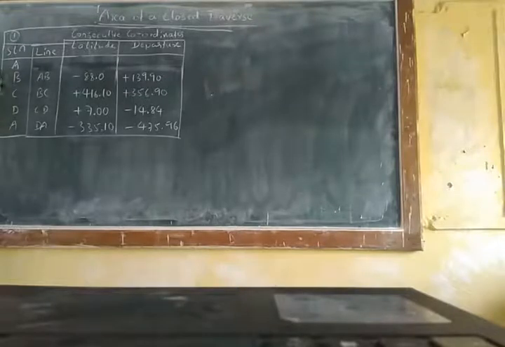As it is a closed traverse, you have to move from A to B, then B to C, then C to D, and again for the closed traverse you have to move from D to the starting point, which is A. So the stations are 5 here, starting from A and ending at A.